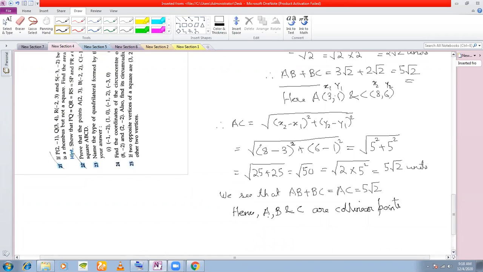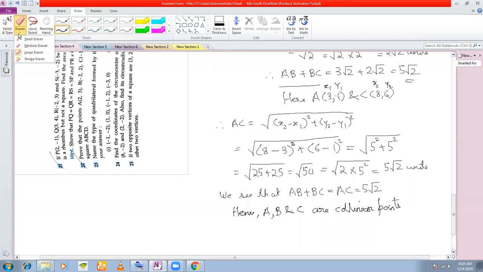Now, this is a very weak way actually to show that 3 points are collinear. Later, when we proceed in class 10, we'll see that there are much better ways of proving that 3 points are collinear. Using the distance formula to prove 3 points are collinear is a very weak way of showing. But this is the way of doing it.